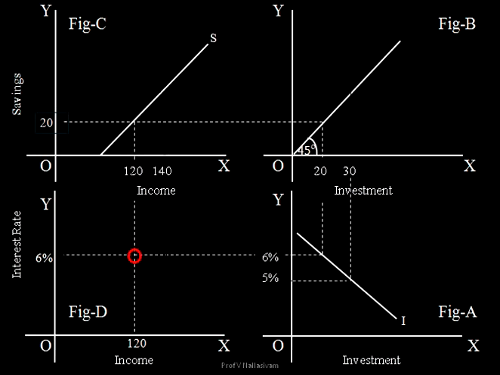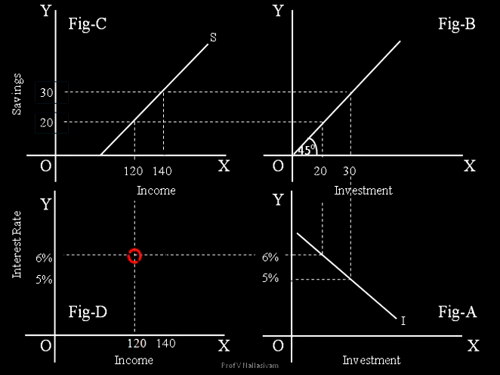When income is 140 rupees, the planned savings is 30 rupees. Savings is equal to investment. 140 rupees income and 5% rate of interest is another point on the IS curve.